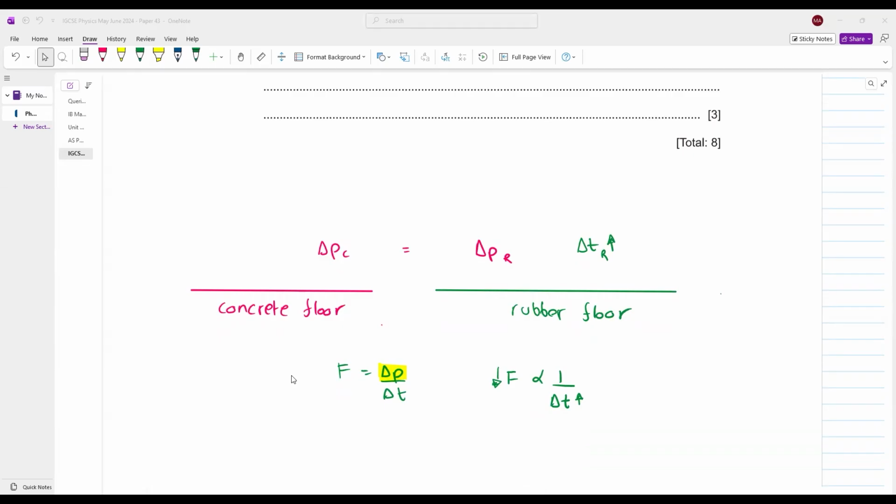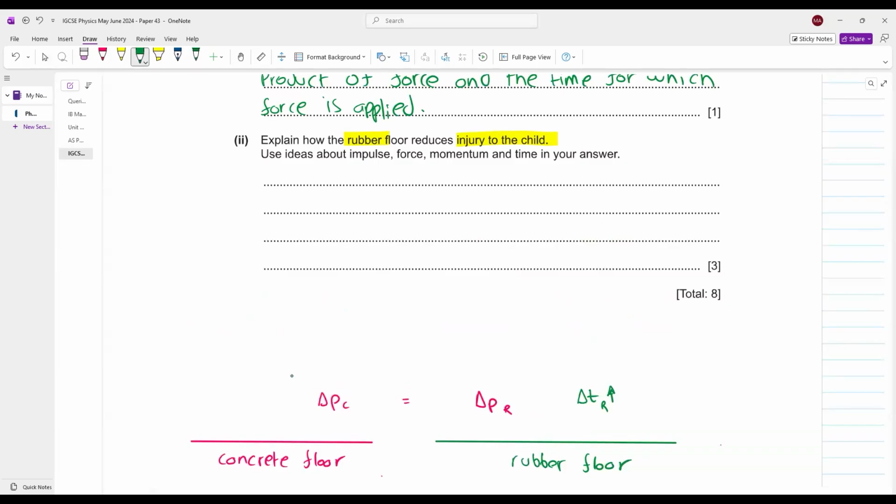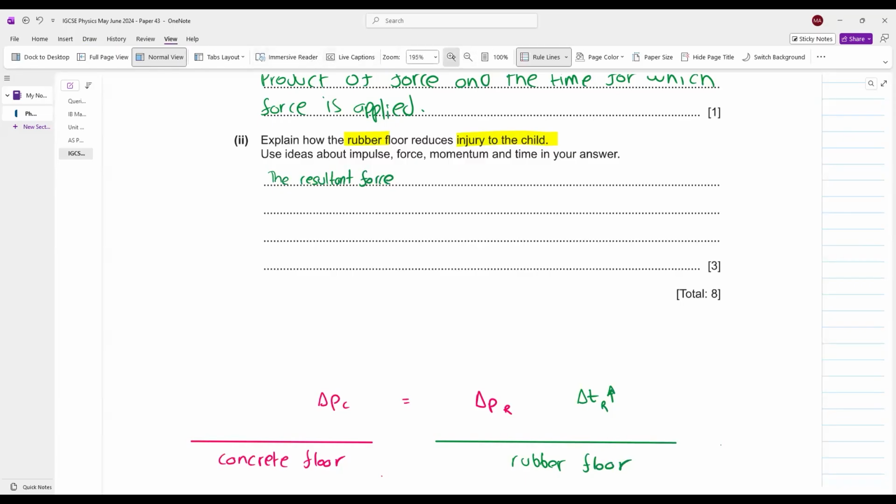So first of all, you will start your answer like this: the resultant force is the rate of change of momentum. I am writing it in small handwriting so that I can fit it within 4 lines.